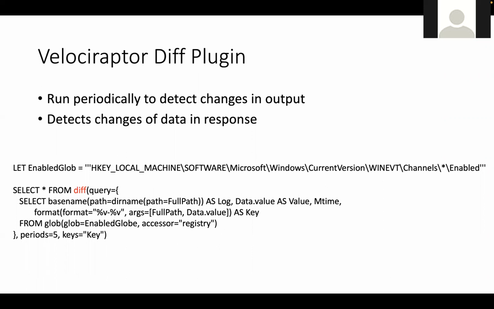This is the VQL in this particular artifact, and it's looking at the registry key that enables or disables the Windows event logs. So this will tell you exactly when this particular log has been disabled, and you can set it up and it'll alert you.